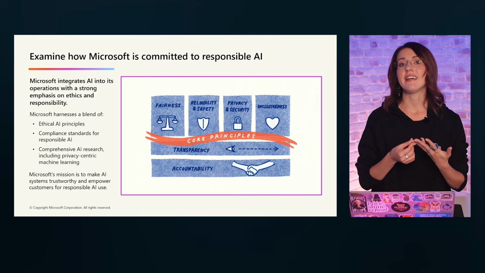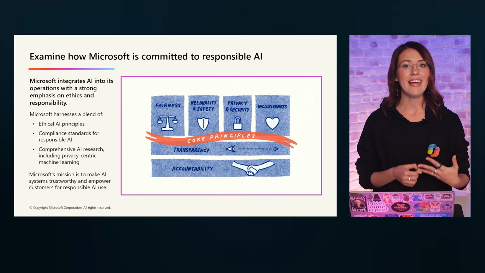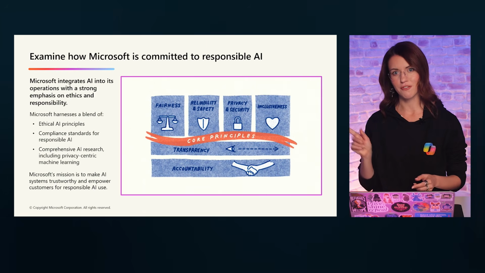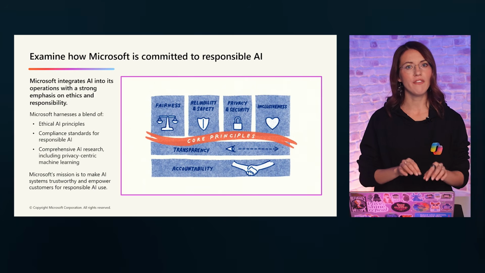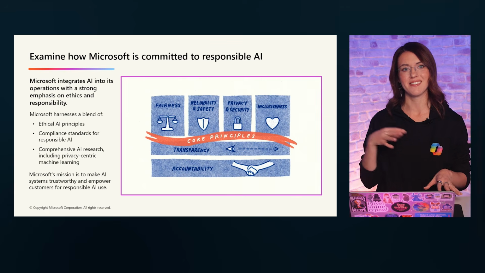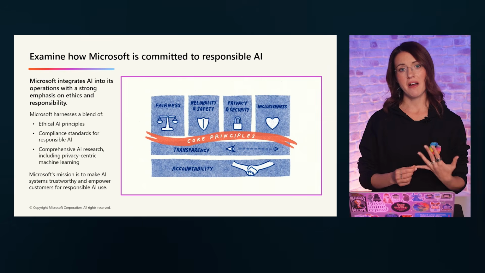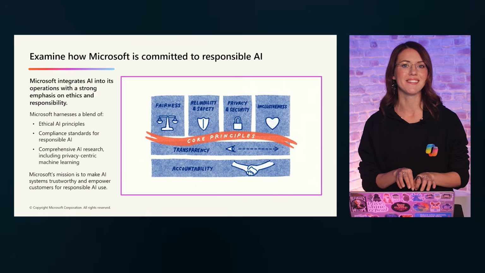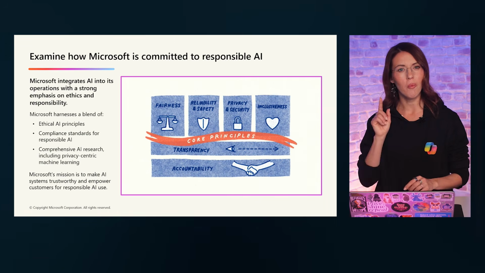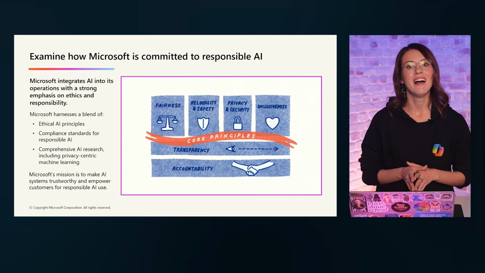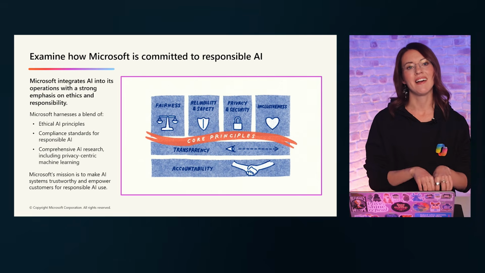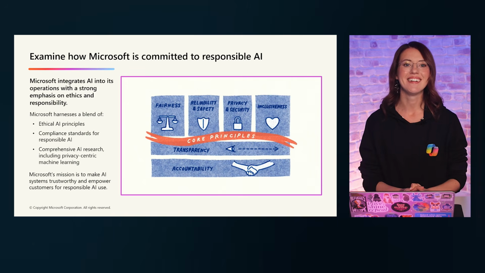Then there is inclusiveness. AI should be designed to reduce bias, not reinforce it, and work well for diverse users and scenarios. Transparency means helping people understand how AI systems operate and what they can and can't do. Clear, explainable AI builds confidence and informed use.